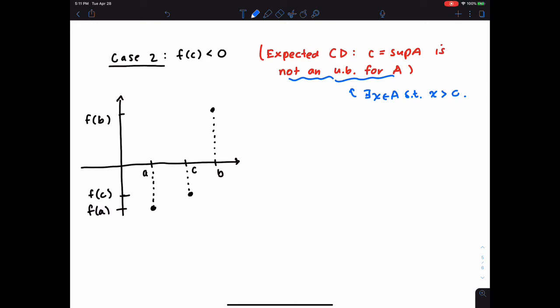So in our previous case, we said the key was to construct an epsilon neighborhood that lied entirely above the x-axis because we were dealing with a function value that was always positive at c. Now we're going to do a similar argument, but we're going to guarantee that our epsilon neighborhood that we select lies entirely below the x-axis.